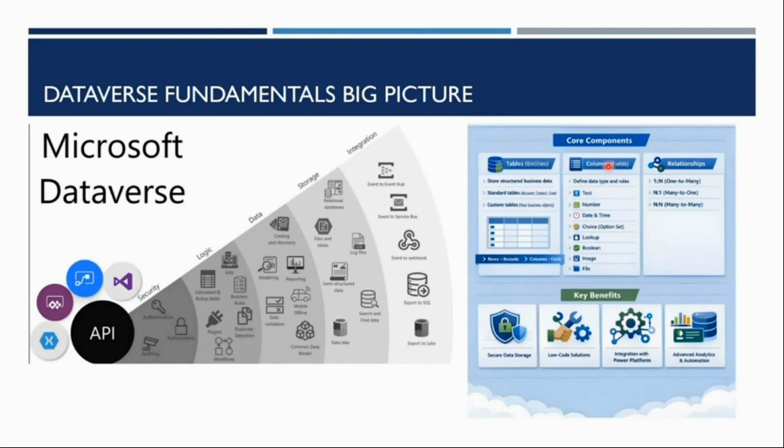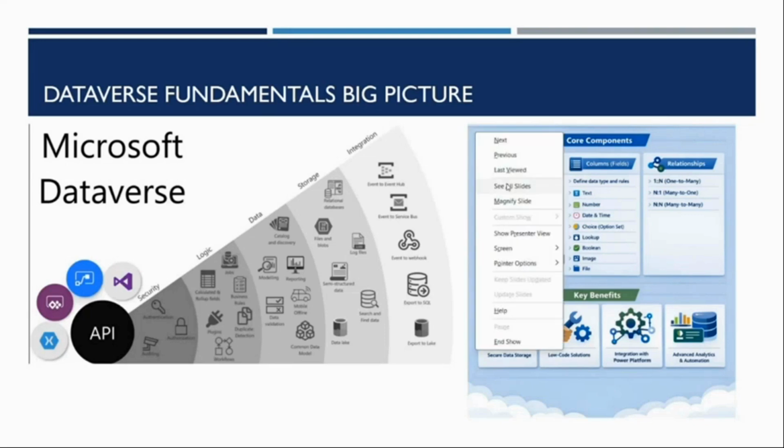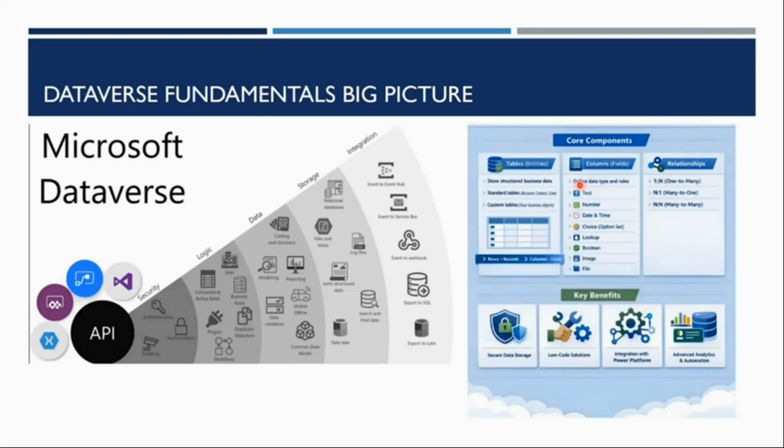Columns provide many metadata, like what is the data type, which data type you want to store in a column. For example, patient is a table and you want to create a new patient. So you require some fields like patient name, patient email, patient address, patient age, all this information.